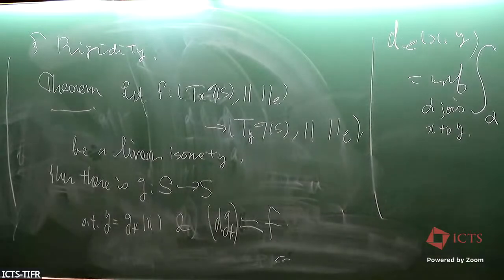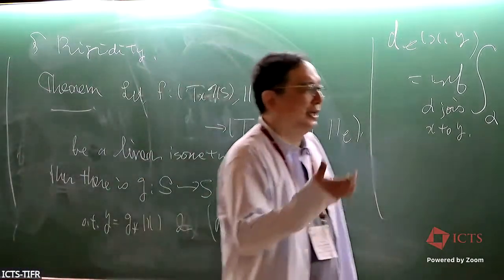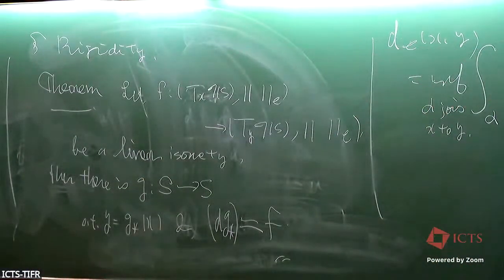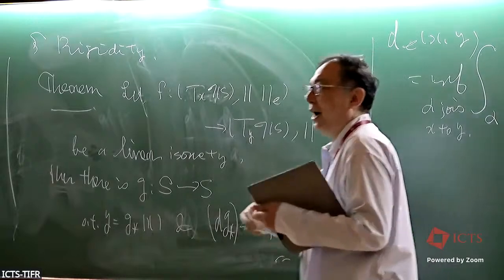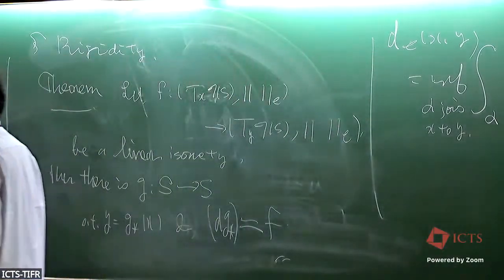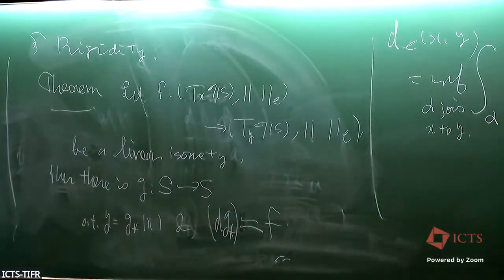It's called Royden's rigidity. Royden showed that if you consider a linear isometry from the space of holomorphic quadratic differentials to holomorphic quadratic differentials, then what you get is just the action of the mapping class group combined with the complex scalar action.